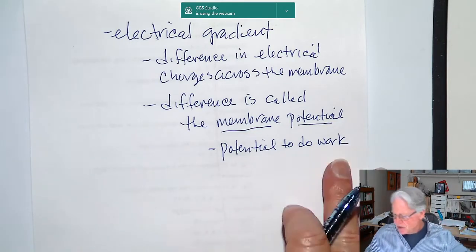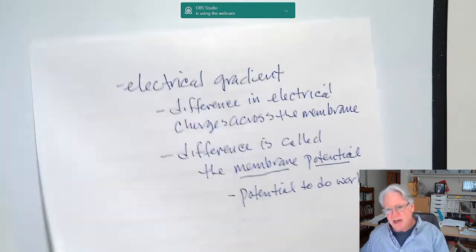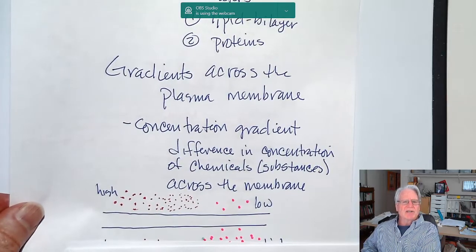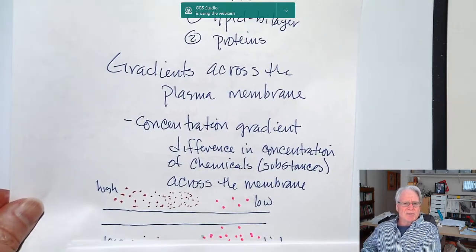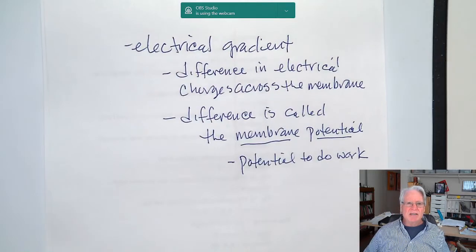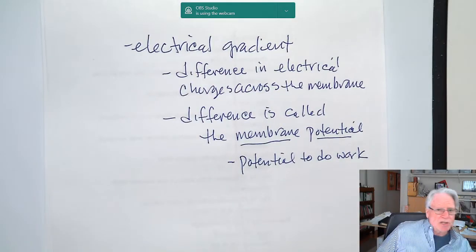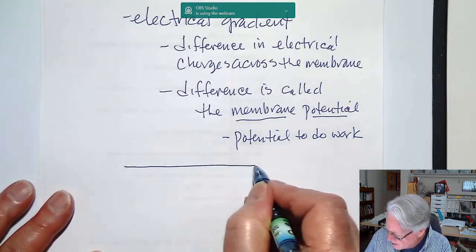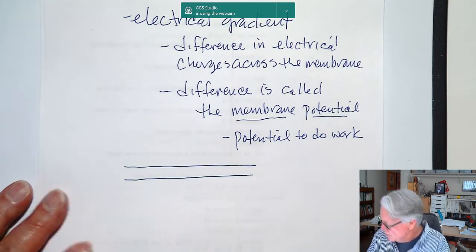So we've got two things going on here. We have the concentration gradient, which is a difference in the segregation of different substances across the membrane. And we have a separation of charges across the membrane. And once again, we can draw an example.